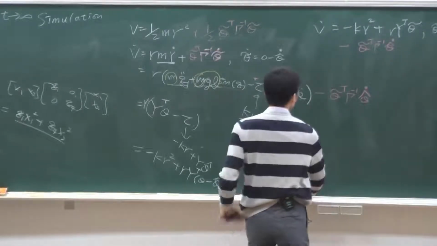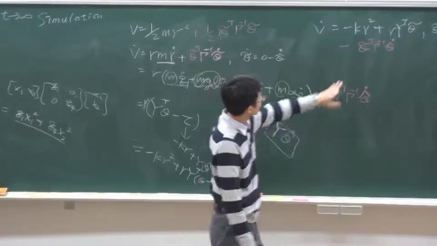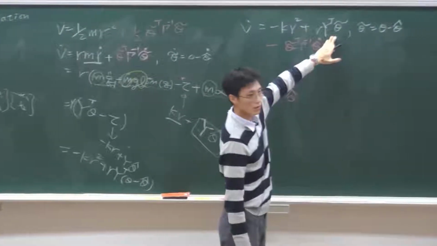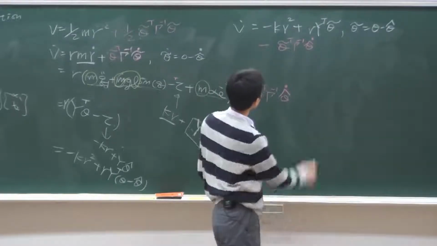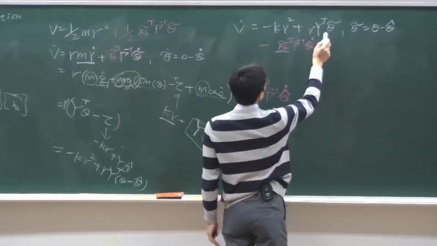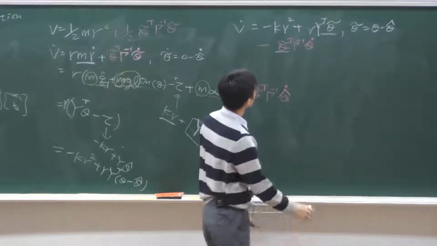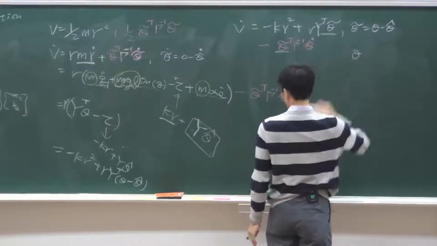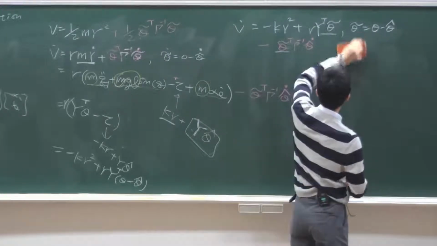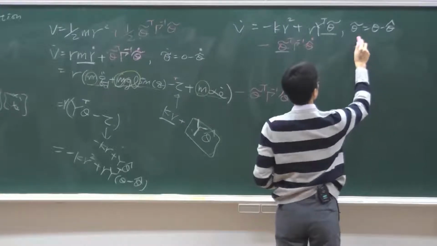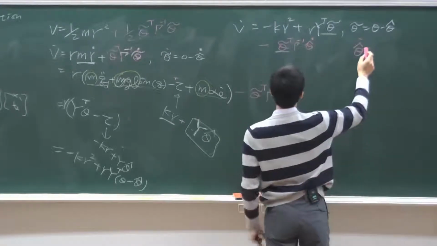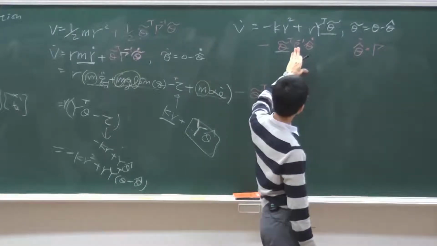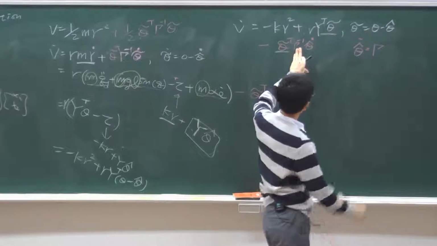Okay. Now you want to use this term to cancel this term out. So there's a chance: you have this term here. Although one is transpose and one is not, that's fine. You can design theta hat dot as gamma, to cancel this gamma minus 1 out.